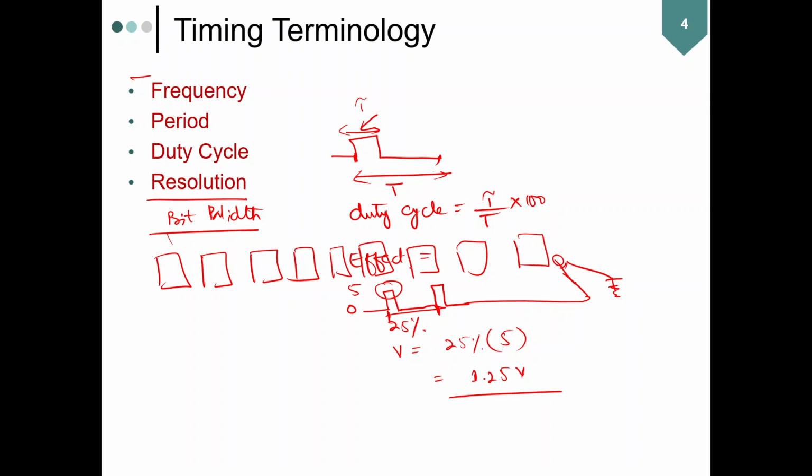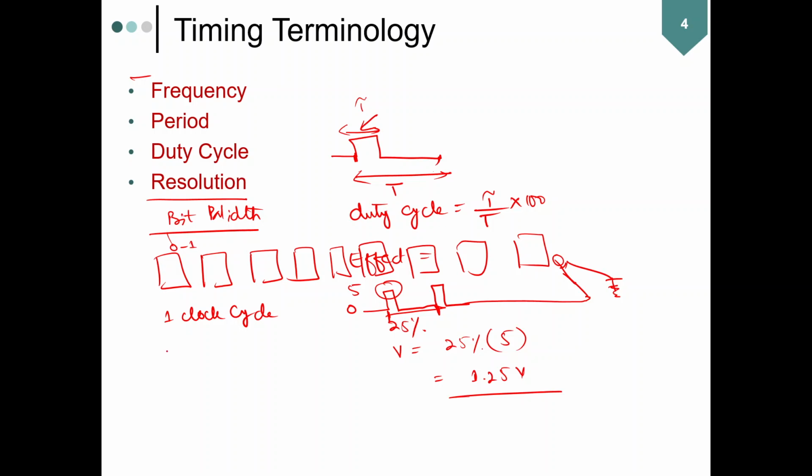Now, what is the important thing over here? The important thing is the resolution. Sometimes the resolution is the minimum amount of time a timer can measure. That should be equal to 1 clock cycle, because in 1 clock cycle, it is going to transition from 0 to 1.